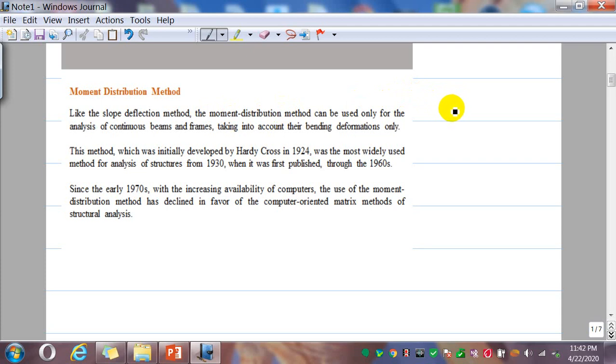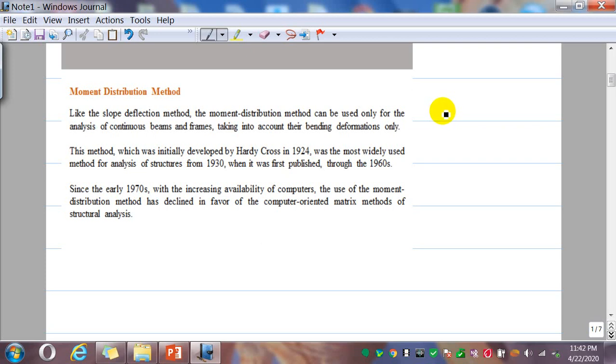This method, originally developed by Hardy Cross in 1924, was the most widely used method for analysis of structures from 1930 till the 1960s. In the early 70s, with the increasing availability of computers, its use declined in favor of computer-oriented matrix methods of analysis.